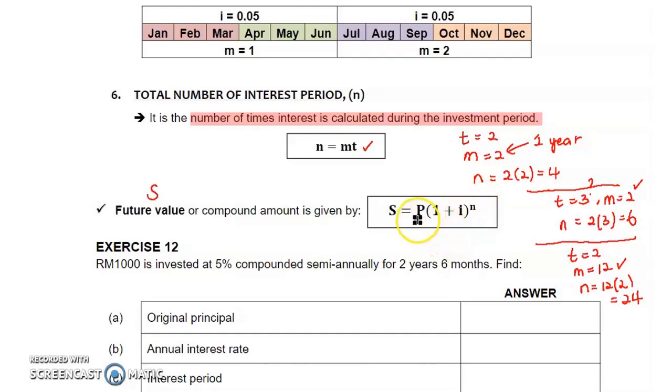P is the original principal, i is the interest rate for each interest period, and n is the number of interest periods. You can also write this formula as S equals P (1 plus k over m) to the power of n, where k over m is value i and n is m times t. That is the future value, compound amount, or accumulated value under the compound interest topic. After this, we will look at some examples.